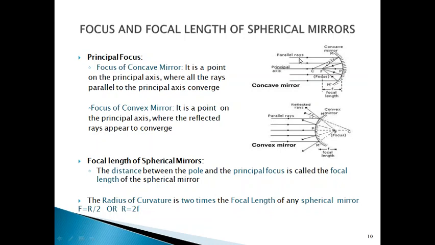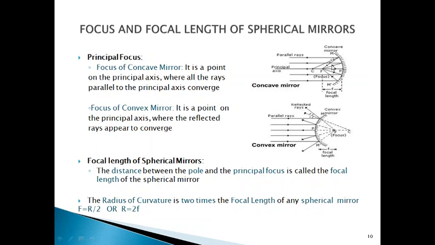A parallel beam of light means a bundle of rays. So a parallel beam of light rays is incident on the concave mirror.